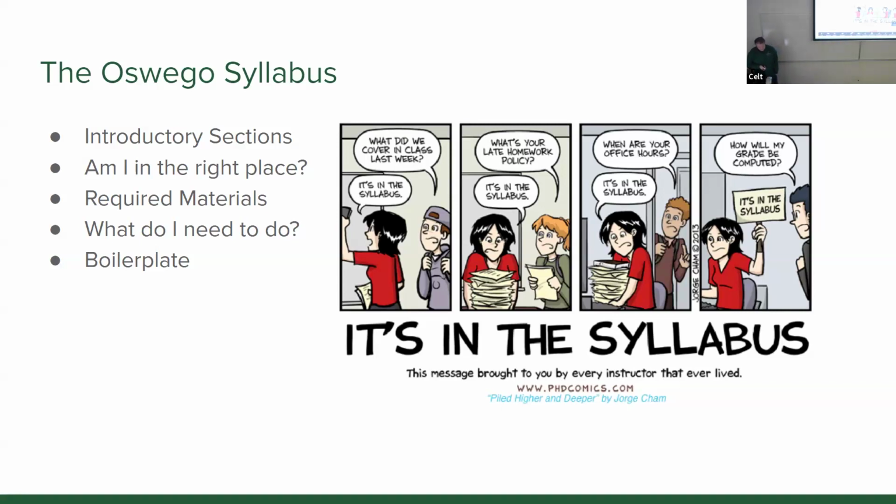Now, of course, the next most important thing for students is, well, what do I need to do? And here we see two more phases of that backwards design. One is the learning activities and how you will be evaluated. This both tells students, here's what you're going to have to do, and gives them that initial framework of here's what you have to do to get an A or a B, or generally, here's what my expectations for exemplary work are.